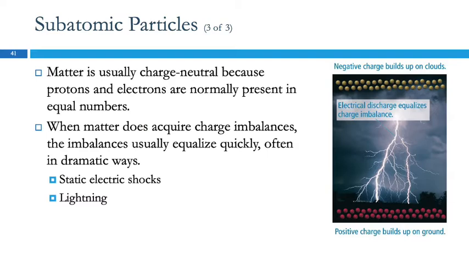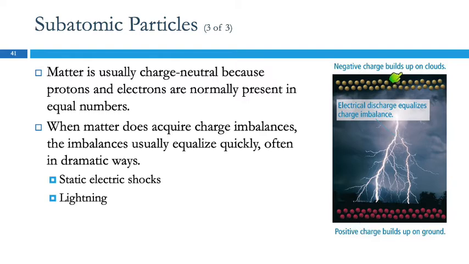Matter is usually charge neutral because we've got equal numbers of protons and electrons. But sometimes we get a charge imbalance. Those imbalances are unstable and they will tend to equalize quickly and often dramatically. An example of this is lightning. This is just the very skimpy explanation, but negative charge builds up on the clouds and positive charge builds up on the ground.